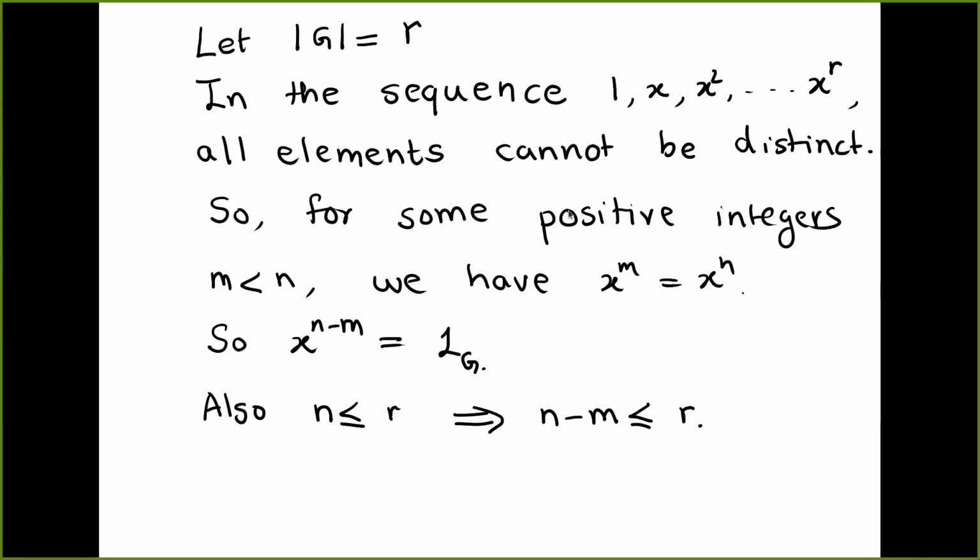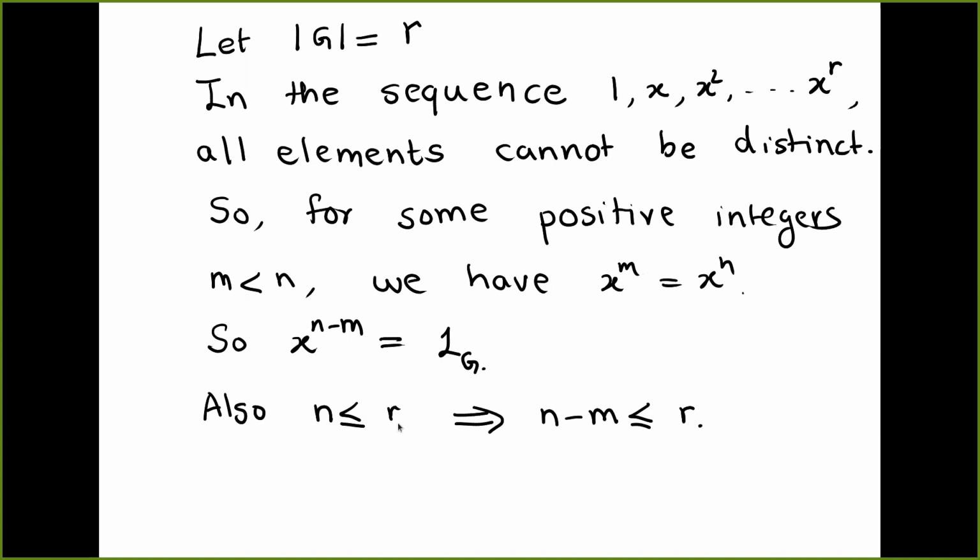So maybe I should have really said non-negative integers m and n, with m not equal to n. So I could say that m is less than n, so that x to the power m is equal to x to the power n, and they're both at most r. Then, cancelling out x to the power m, I'm left with x to the power n minus m is equal to 1.